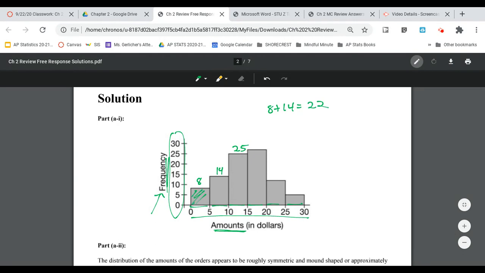So now if we have 2 bars, we have 22 values covered. And then 22 plus 25 is 47. So if we go all the way to the end of our 3rd bar, we've hit our 47th value, which means that 47th value is in this interval between 10 and 15. Okay.